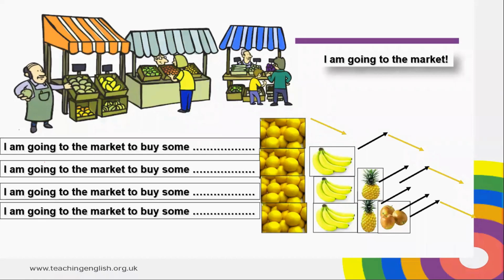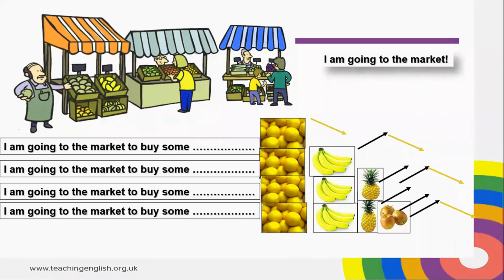The last one, I'm going to the market to buy some oranges, bananas, a pineapple, and some apples. 3 rising and 1 falling. Falling at the last one. Yes, this is a kind of practice on intonation that we can apply with our students, and it's fun. They are going to enjoy playing with their sounds.